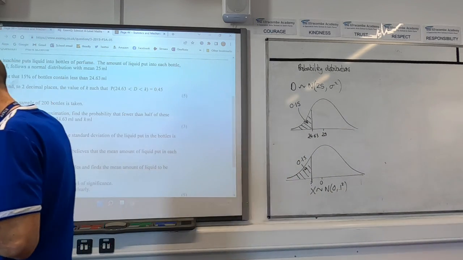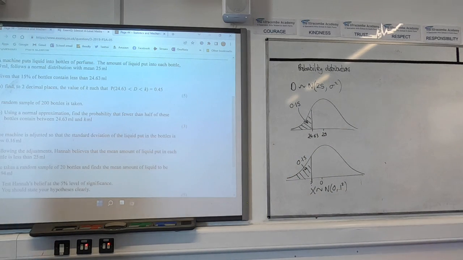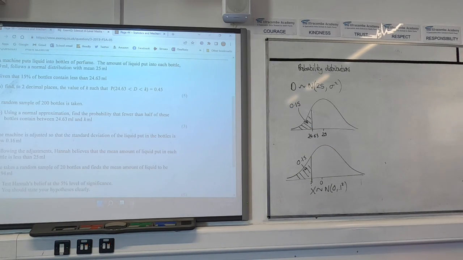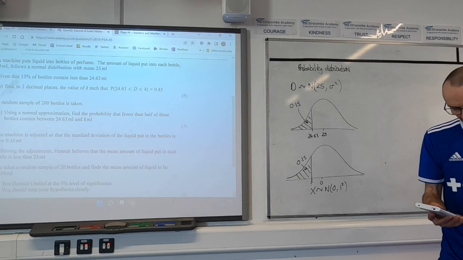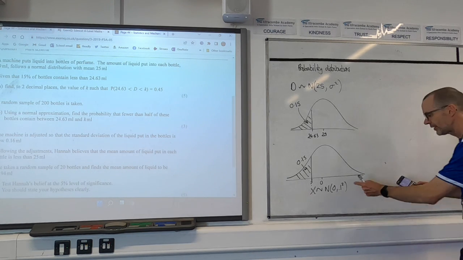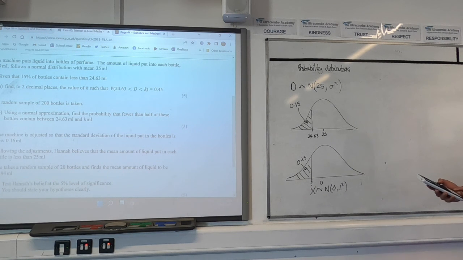So that's stats, dist, normal, inverse. And what we do is we enter 1 and 0 as our standard deviation and mean, remembering if they want the standard deviation first.